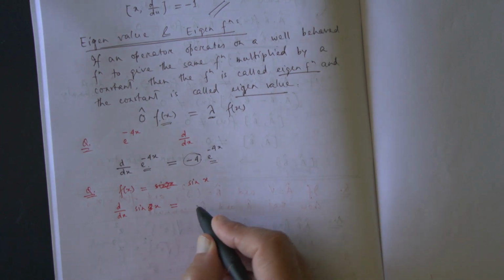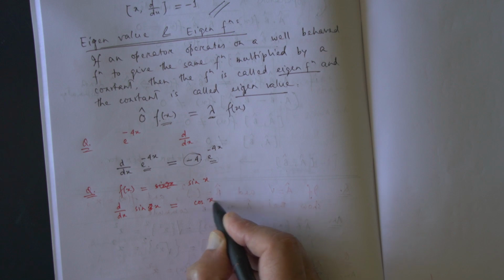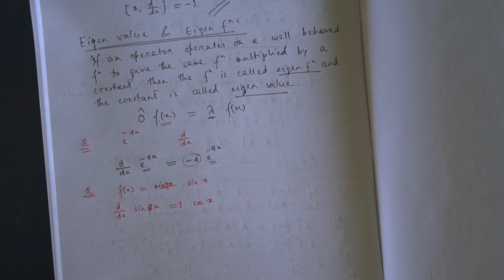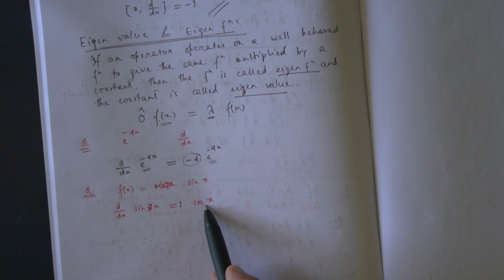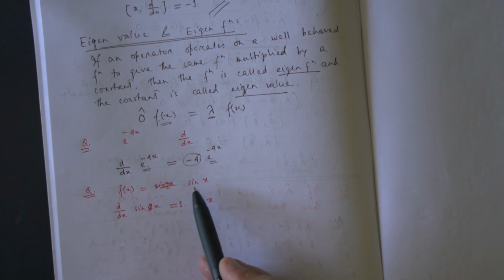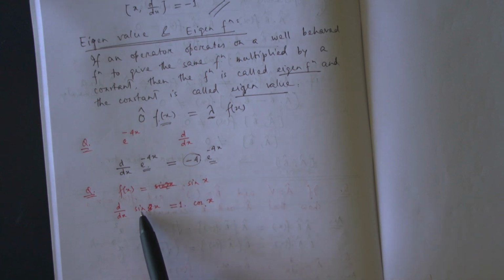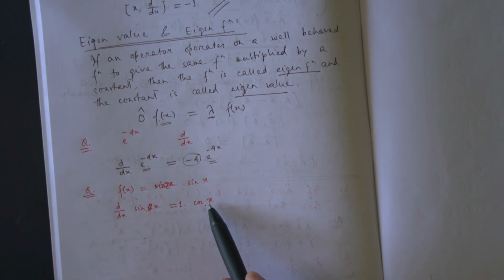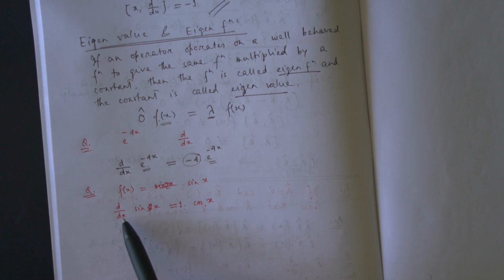So this is equal to d dx sine x equal to cos x. I can write 1 into cos x. So operator, function, not the same function. So we say that sin x is not an eigenfunction with respect to this operator, because we do not get the same function. This is sine, this is cos.